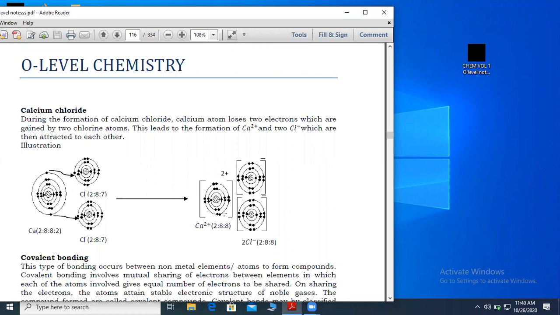And calcium loses 2, so you get 2 positive charges. But now these will be 2 chlorine atoms, and each atom has gained 1 electron, so there will be 2 chlorine atoms with each one having 1 negative charge. So we had done this work, we are just reminding ourselves.